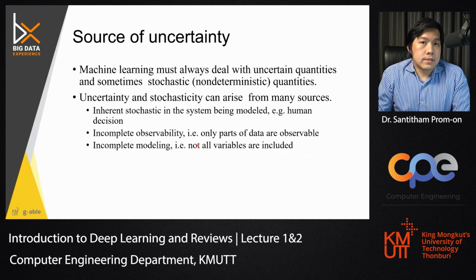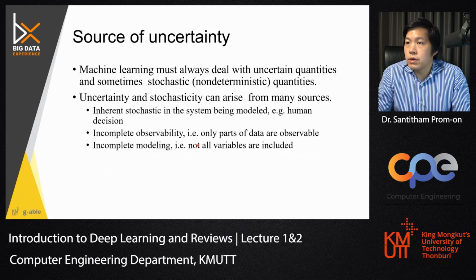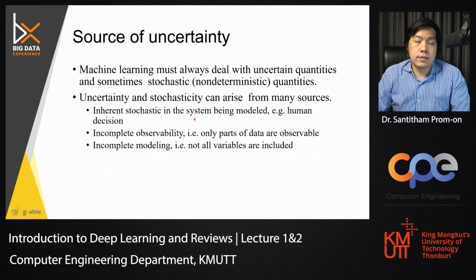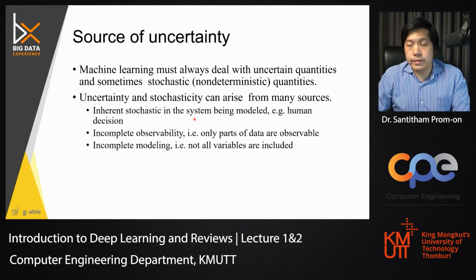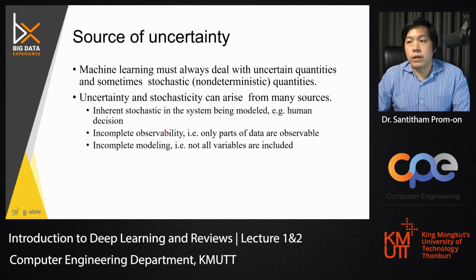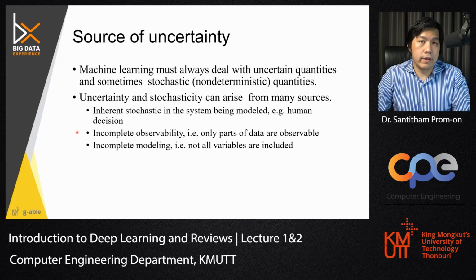Usually there are uncertainties in the real world. The sources of uncertainty can come from many things. It can come from the system itself, like if you model human decisions, they can vary. It can be because the system contains certain variations from nature, like modeling the stochastic behavior of weather patterns.